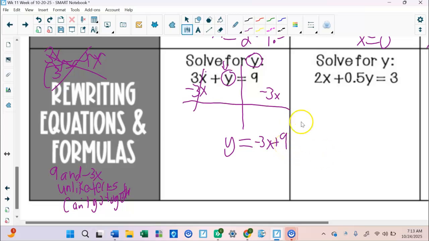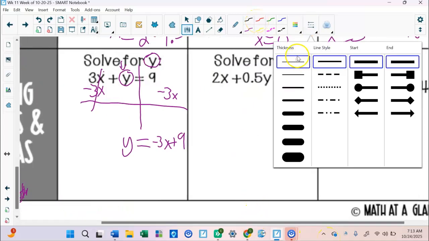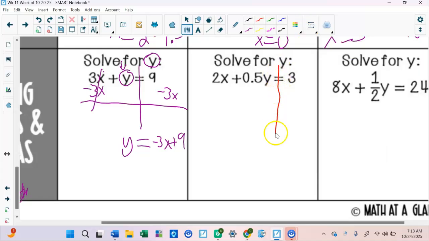Okay, now this one, these are harder for you to do, but that's okay. Okay, so we got two things that happened to y. We multiplied it by 0.5x, and then we added 2 times another unknown quantity, and it gave us 3. So we're trying to get y all by itself. So you subtract 2x from both sides.